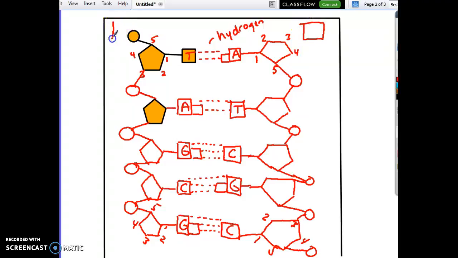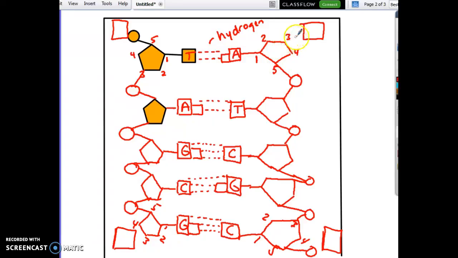So here we have the 4 corners of the DNA. What you do is they label the ends of the DNA based on which carbon is most extreme or most facing outward. And they choose between the 3 and the 5 because they're basically on opposite sides of the sugar.